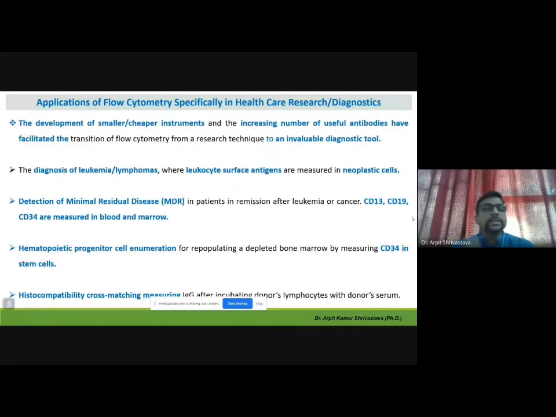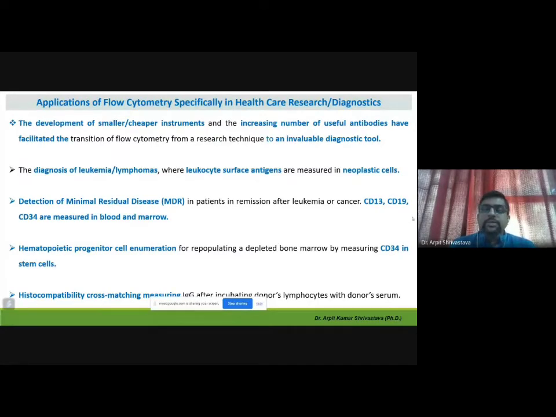Now, the second one is the application in healthcare research and diagnostics. How is this technique important in healthcare research? It has become important not nowadays, but in the recent past, because the instrument is very sophisticated right now.